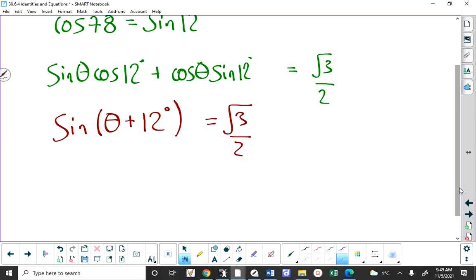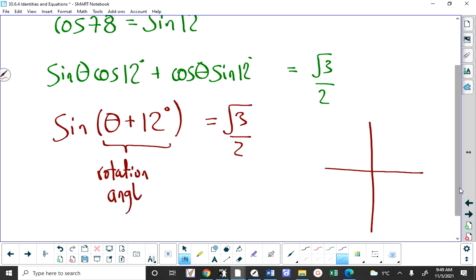So, how do we solve this? This is for one revolution. What we say is that the y-coordinate of the rotation angle has to be equal to root 3 over 2. Well, we know where that is. We should anyway.